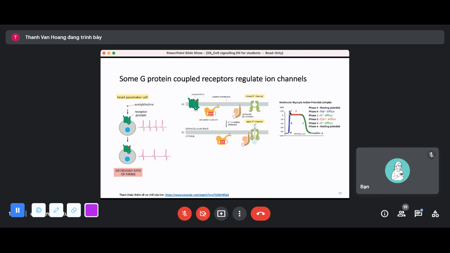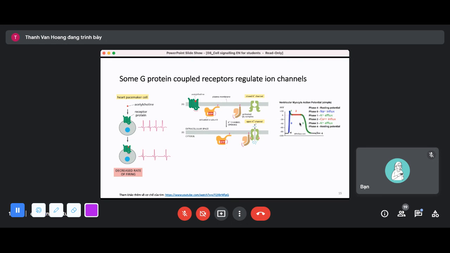After that, when the inside of the cell is positive, it can open other channels so that they change the voltage of the membrane. Each of these ion channels connects with each other so that the heart makes one beat.